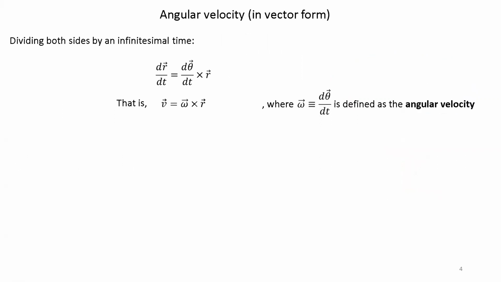So then this is what I have here. So dr dt is given by d theta dt cross r.